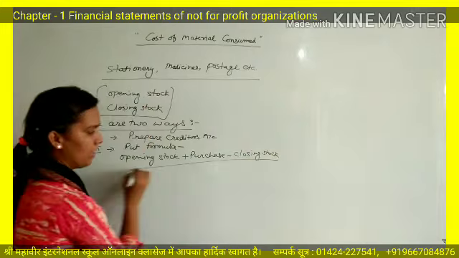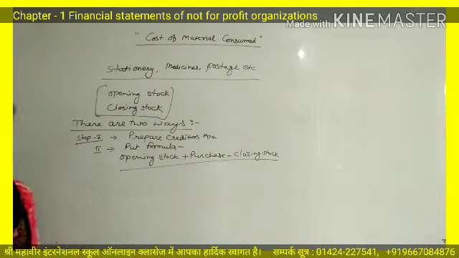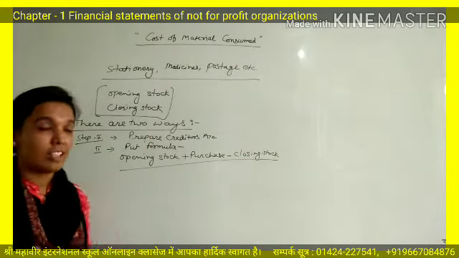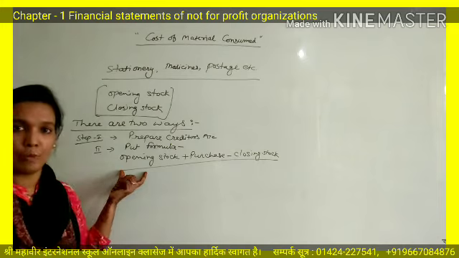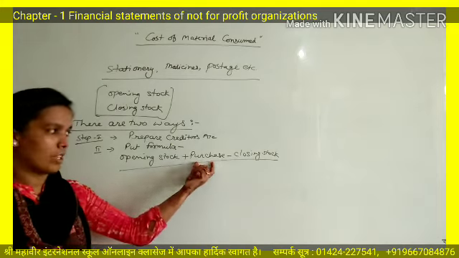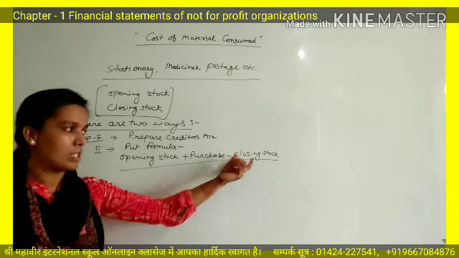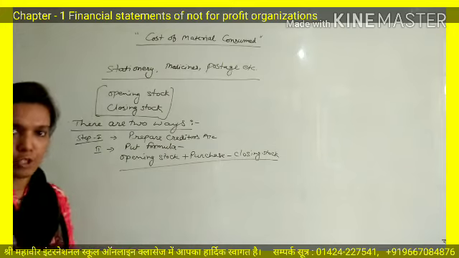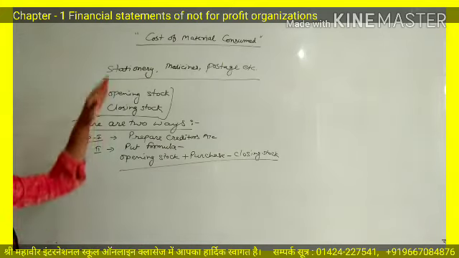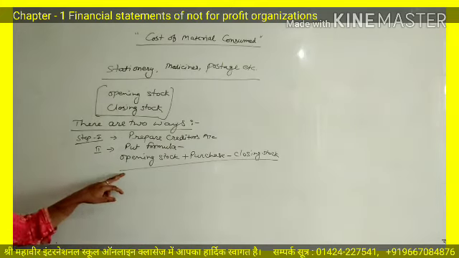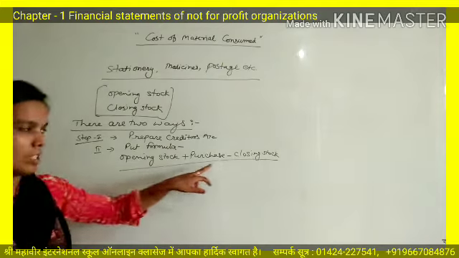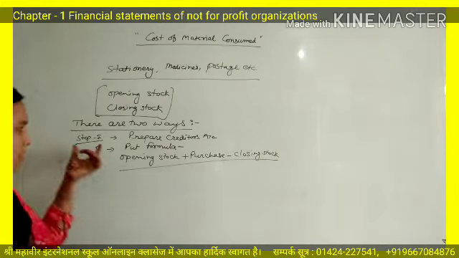If you remember, in 11th class we studied a formula for cost of goods sold: opening stock plus purchase plus direct expenses minus closing stock. So this is also the same as that formula, cost of material consumed, opening stock plus purchase minus closing stock. This is the first way.